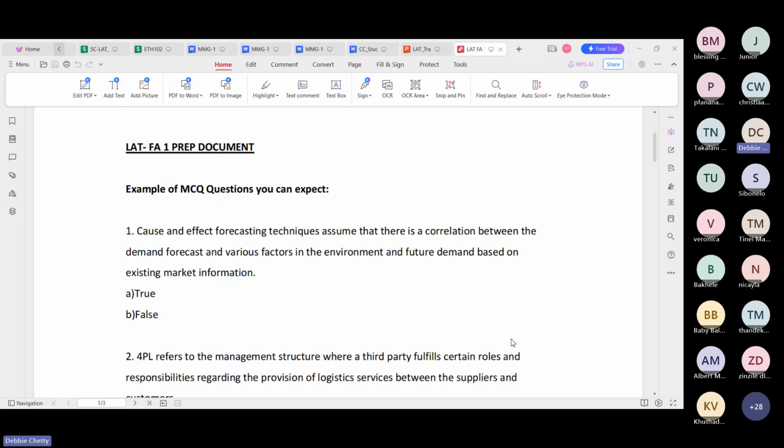Right, you should be able to see the FA1 prep document. Thank you. Right, so this is the same document, guys, that has been uploaded onto iCan4U, right? So this document has been uploaded onto iCan4U.